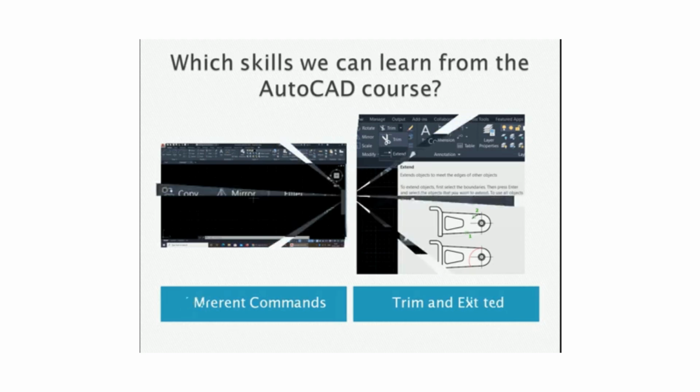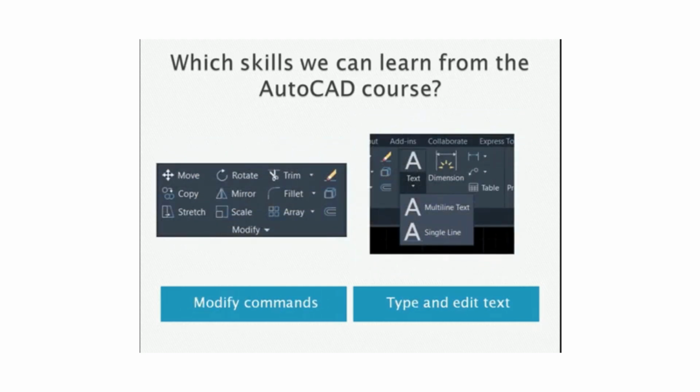The next is modify commands. We can learn the modify commands like move, copy, stretch, rotate, mirror, why we are using these commands, how to use these commands. These skills you can learn after doing the AutoCAD course.